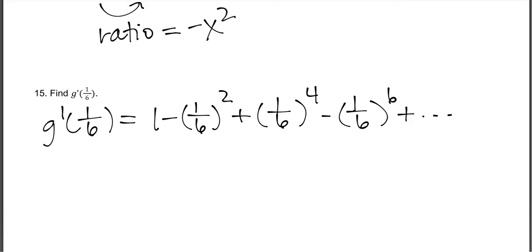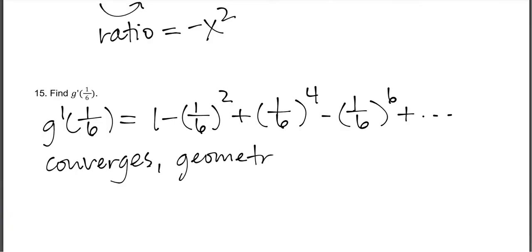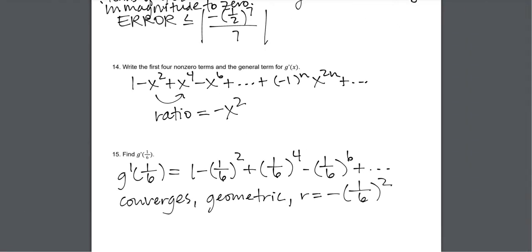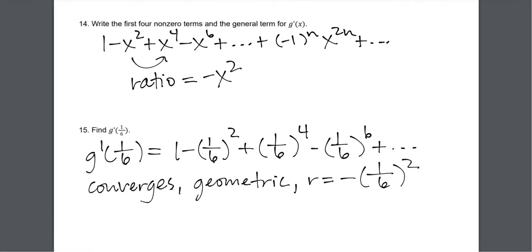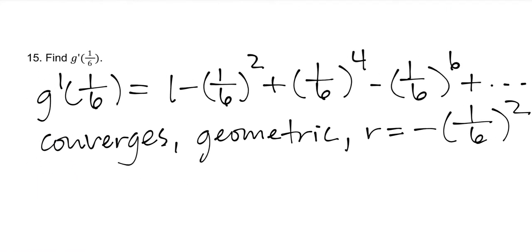So I'm going to say this series converges, geometric ratio equals the negative of 1/6 squared. That is -1 over 36, but I realize I'm at the bottom of my document.